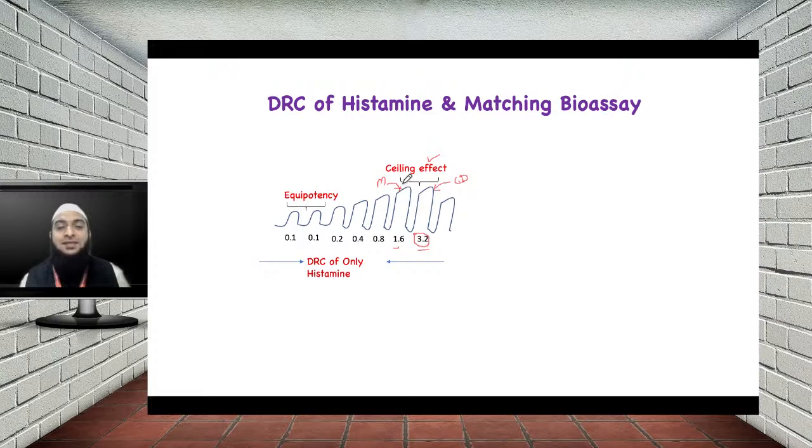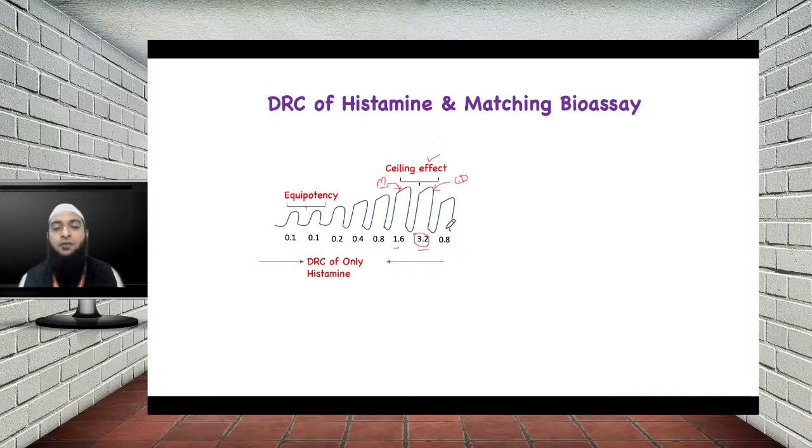So what is the submax dose here? Any dose which is less than the maximum dose. The maximum dose is 1.6, which we have already seen. So any dose less than the maximum, that is 0.8, 0.4, 0.2, 0.1, these are all submax doses. You have given one more submax dose after the ceiling effect, and you can just check its height.